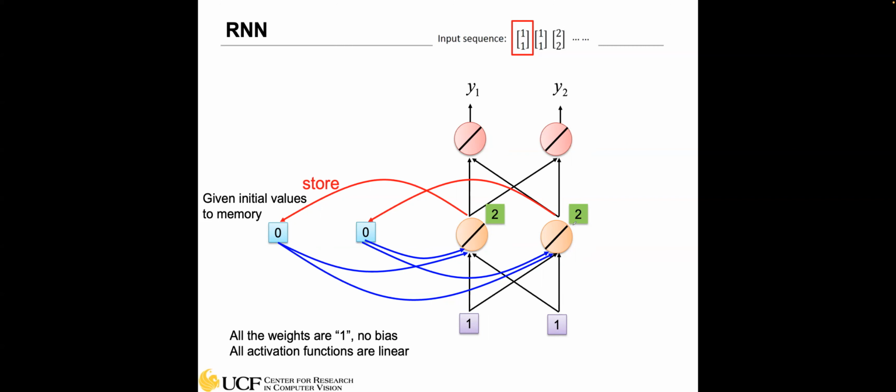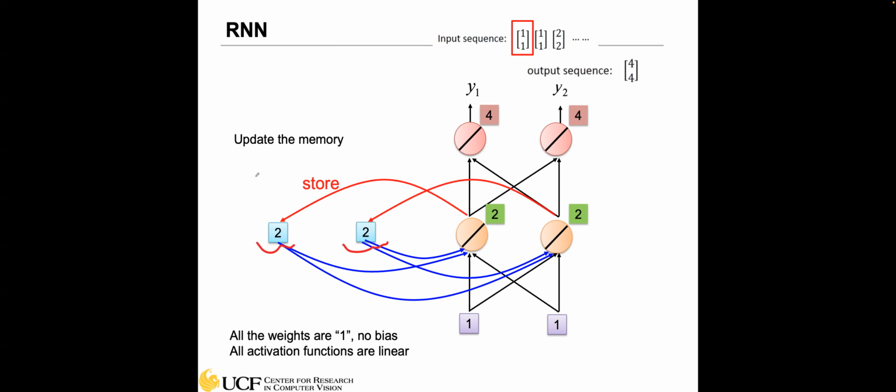So we have 2. Once the hidden layer output is calculated, we have to update the memory. We store this value in the memory, so now it becomes 2.